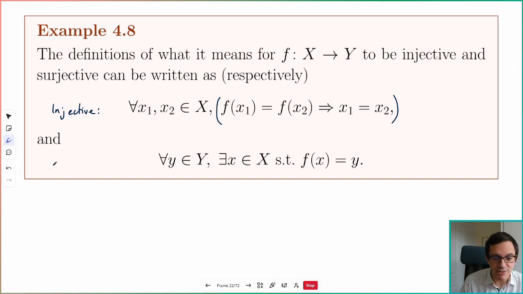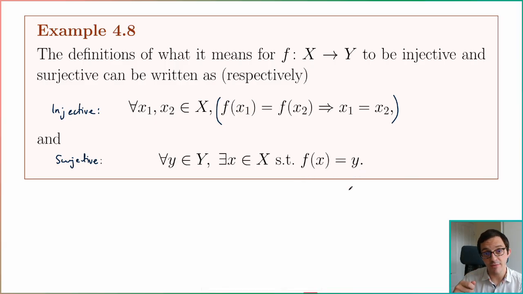I've also written out the definition of a surjective function. So remember, surjective is about reaching everything in the codomain. So it says, for all y in Y, there exists x in X such that f of x is equal to y. The value of that x, if you evaluate the function there, you get that value of y.